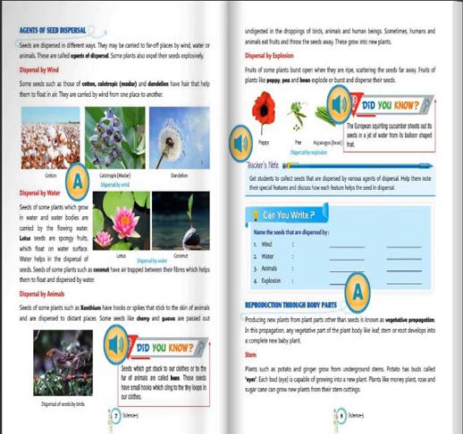In this, any vegetative part of the plant body like leaf, stem or root develops into a completely new baby plant. So what are the parts of the plant? These are leaves, stems or roots, which help to reproduce a completely new baby plant.